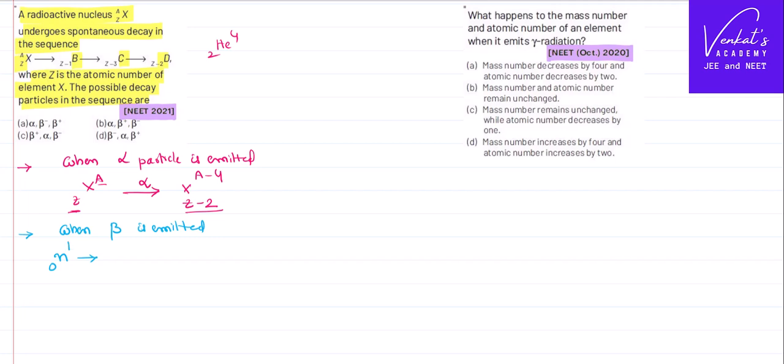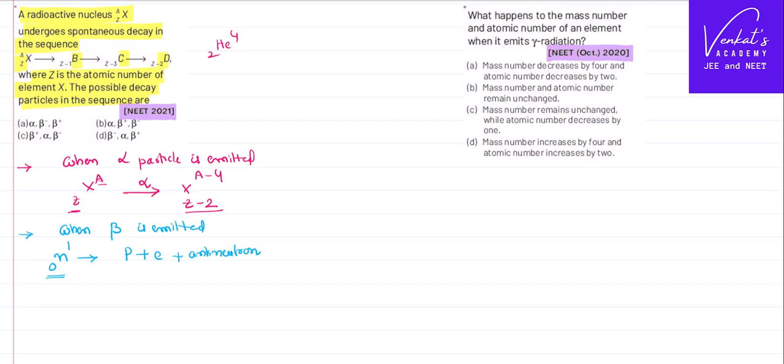This neutron gets converted inside the nucleus into a proton as well as an electron, and of course an antineutrino, all released to balance the extra mass that is available.